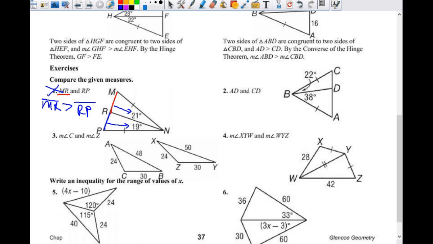Do we need more time? All right, Brianna, you want to do it on the board? You can do this, Brianna. Good job, Brianna. She is correct. Thank you.